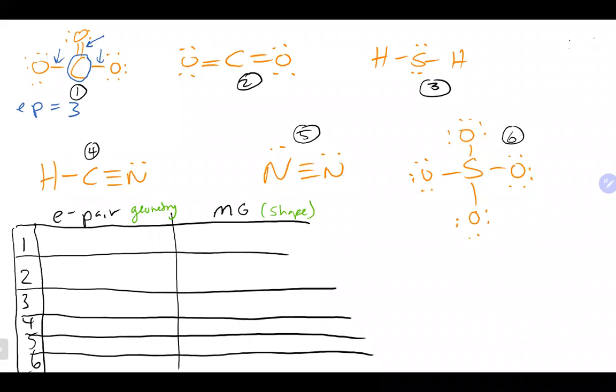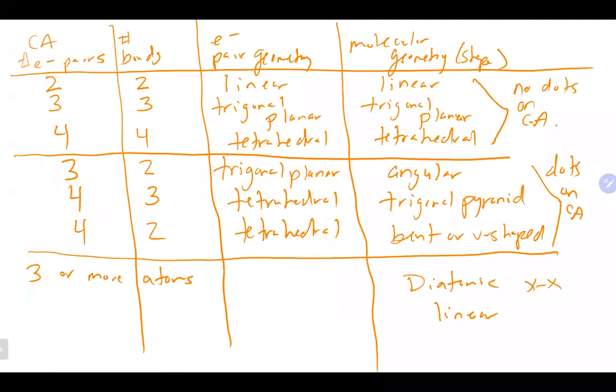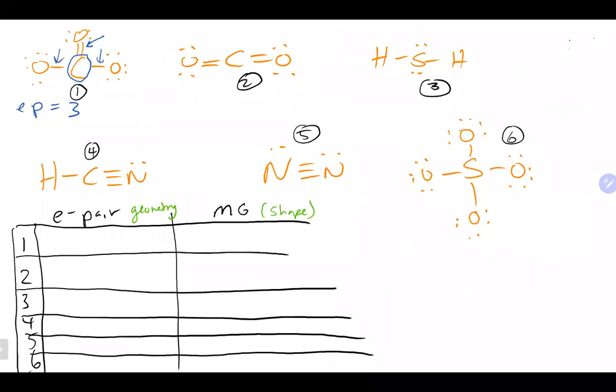Really, that is all you need to figure out the electron pair geometry. You could roll back to our chart, and I see 3 electron pairs, which means the electron pair geometry is going to be trigonal planar. Now, how many bonds does this guy have?